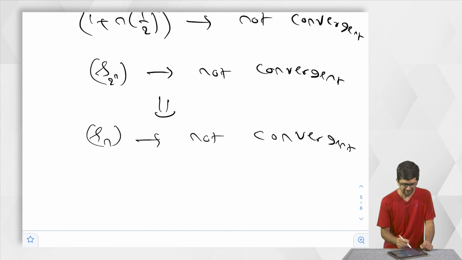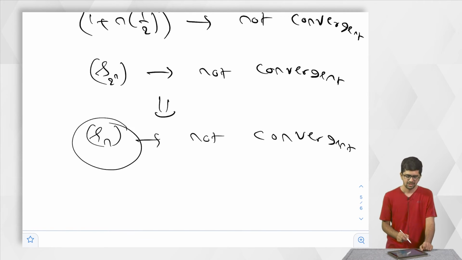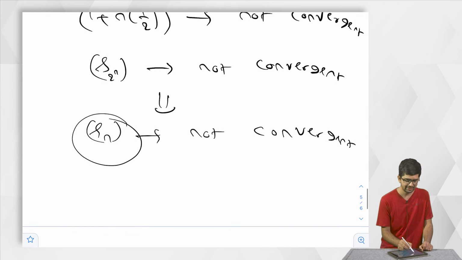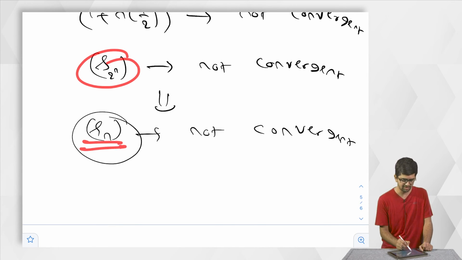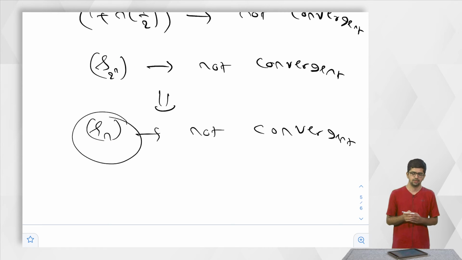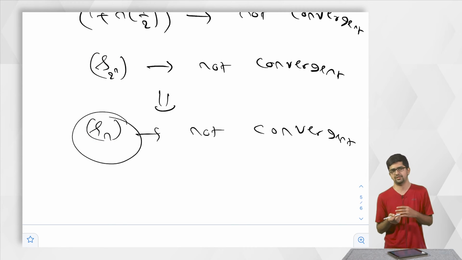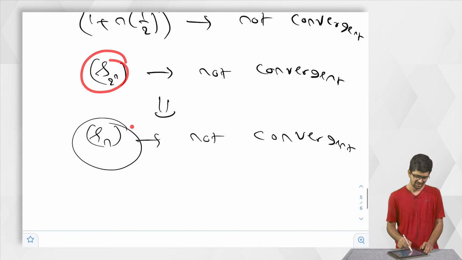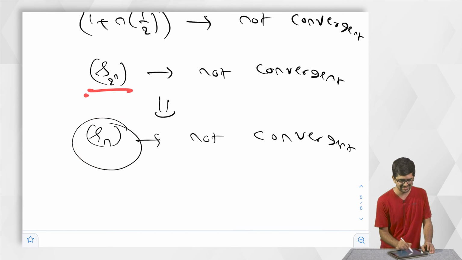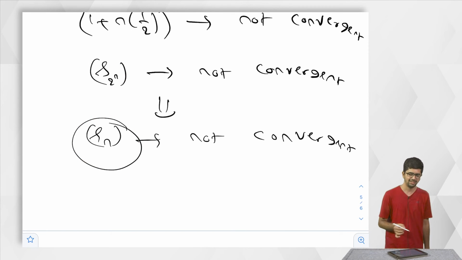So here we could not say anything about the sequence Sn, but we could say that S of 2 power n is not convergent. It is a subsequence of this sequence. Is it a subsequence? Check for yourself. You know the definition of subsequence, and you know the description here. So check that this is a subsequence of this, and by the reason that I said just now, Sn is not convergent.